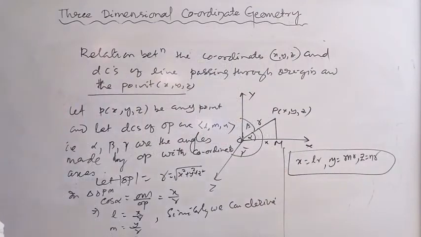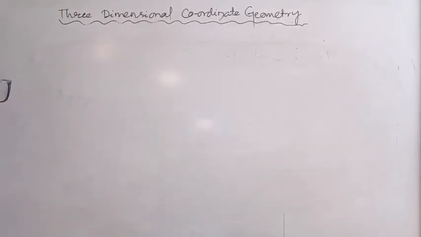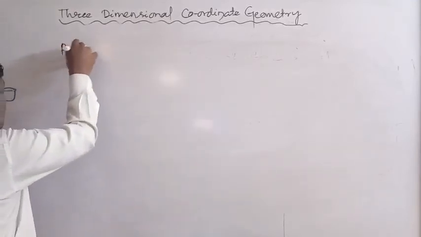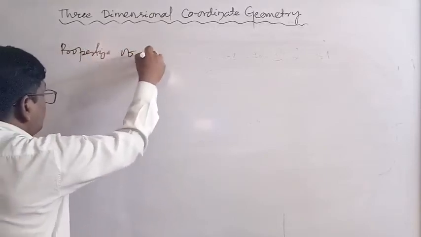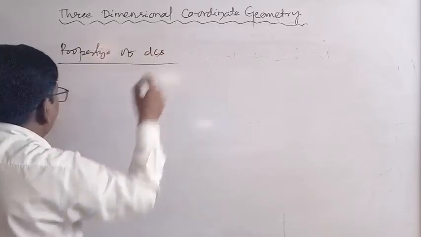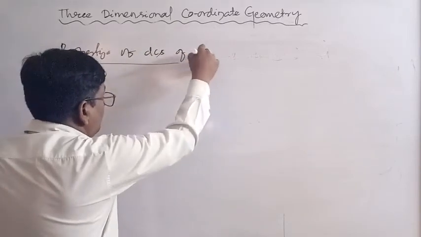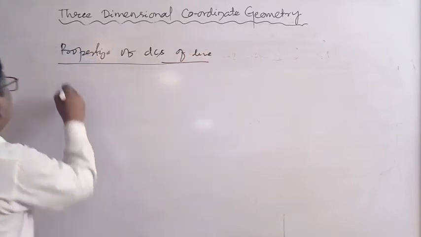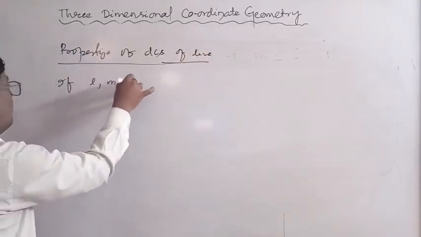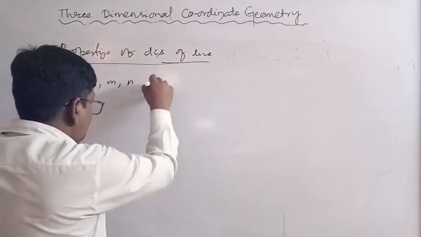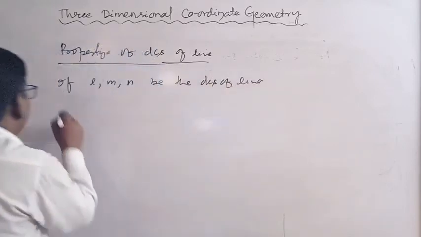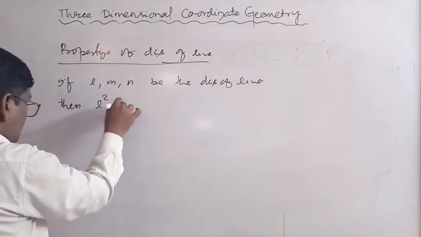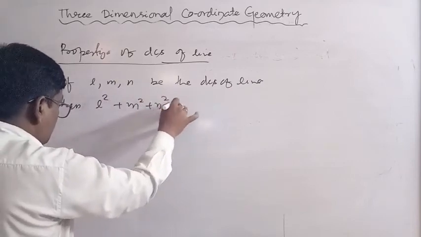Now, what is the property of DCs? Properties of direction cosines of a line. If L, M, N are the DCs of a line, then the property is L square plus M square plus N square is equal to 1.